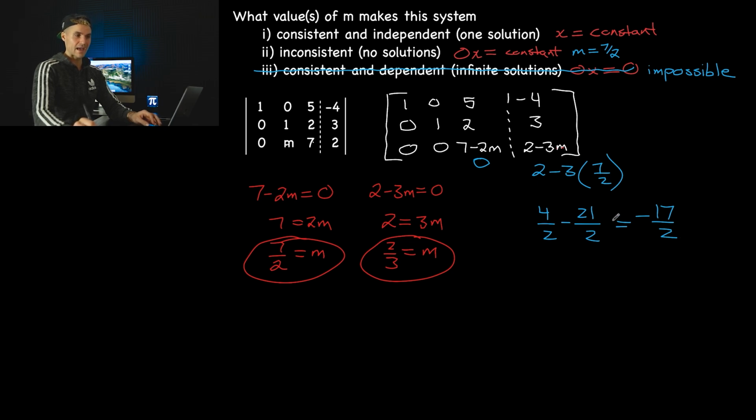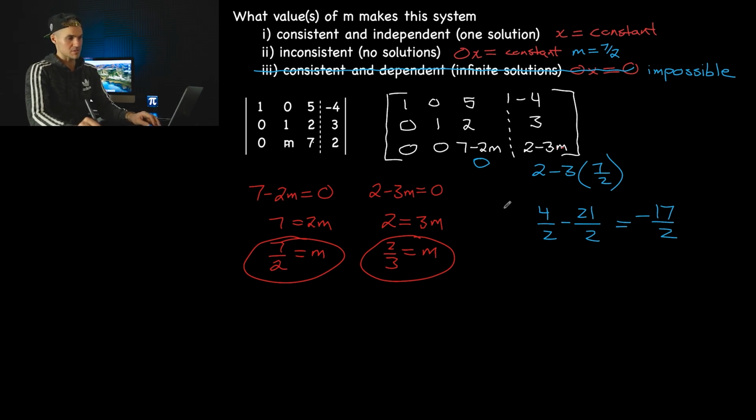And so notice that if m is 7 over 2, then we're going to have zeros here on the left side, but then some kind of constant, which is going to be negative 17 over 2 on the right side, right? And whenever you have something like that, zeros on this side and then a constant on the right side, you know you're dealing with an inconsistent solution.